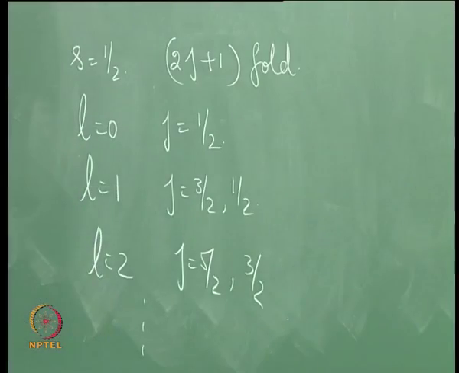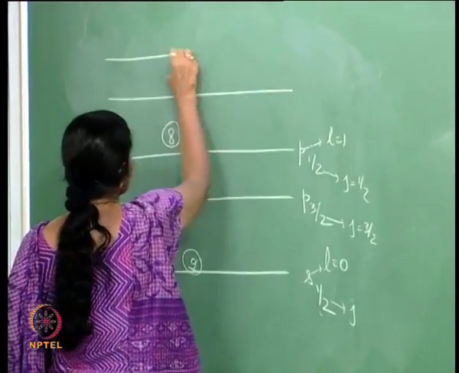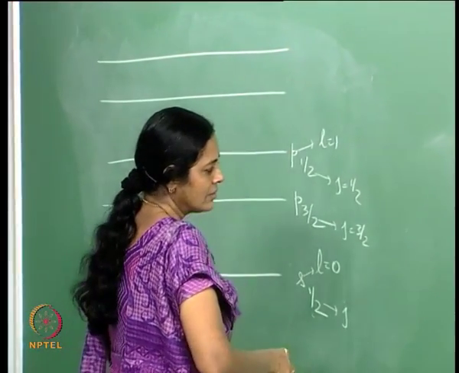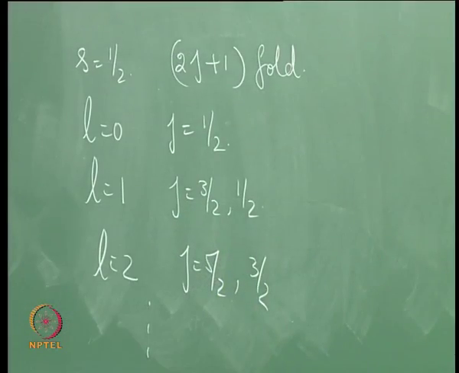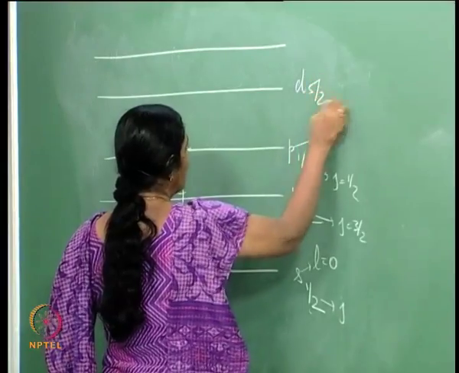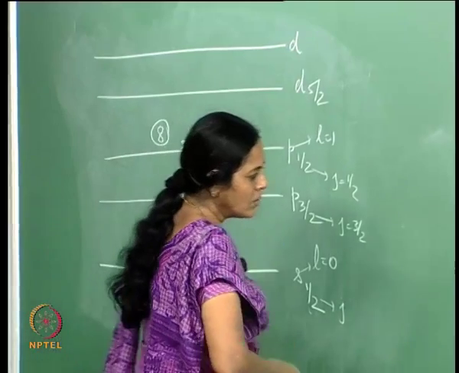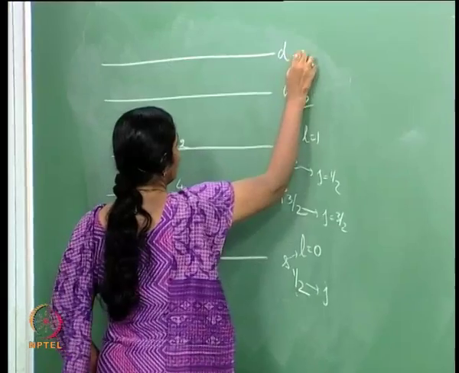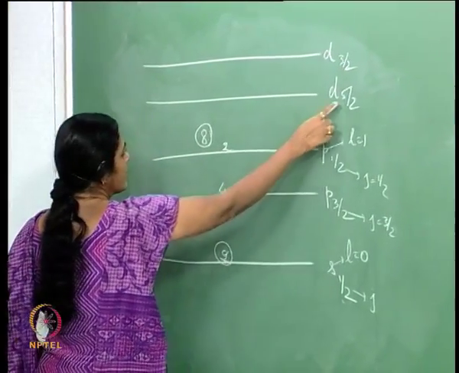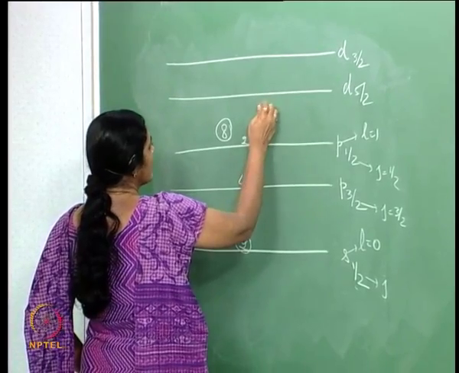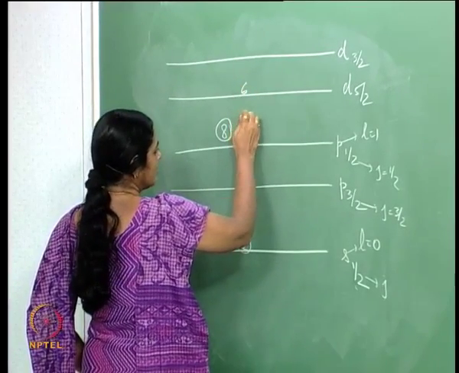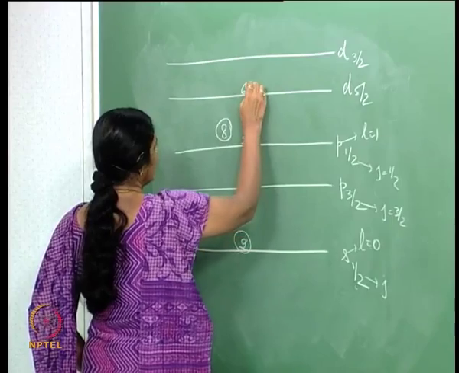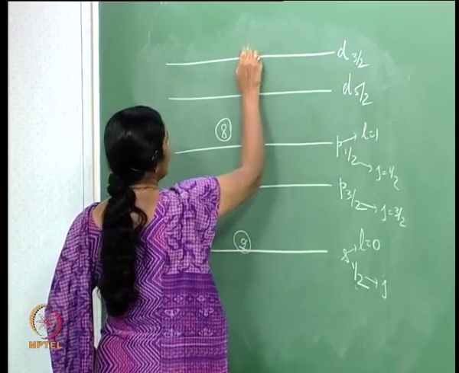Let us proceed further. So, look at L is equal to 2. If L is equal to 2, I have 2 levels. That is D5 by 2 and D3 by 2. This state can accommodate 6 particles and this state can accommodate 4 particles.